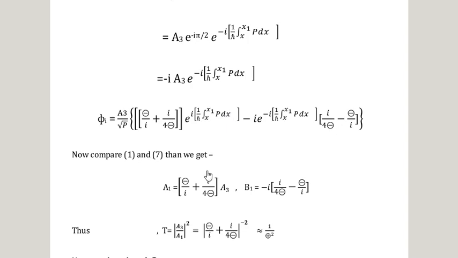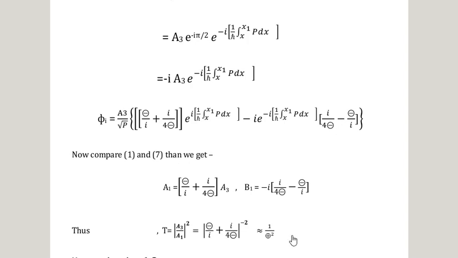Now compare this equation and equation number 1, then we get A1 is equal to theta by I plus I by 4 theta A3, and B1 is equal to minus I by 4 theta minus theta by I. This first term gives the ratio A3 upon A1, and A3 upon A1 mod square is the transmission coefficient.